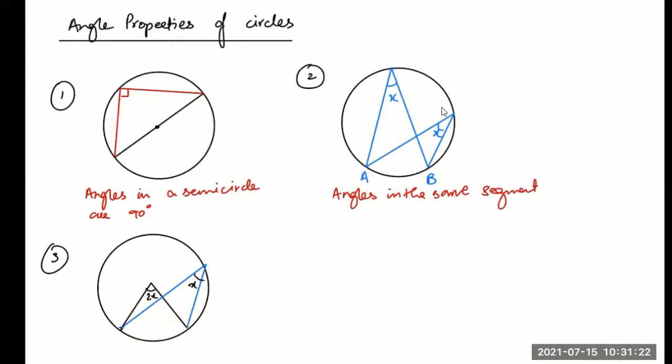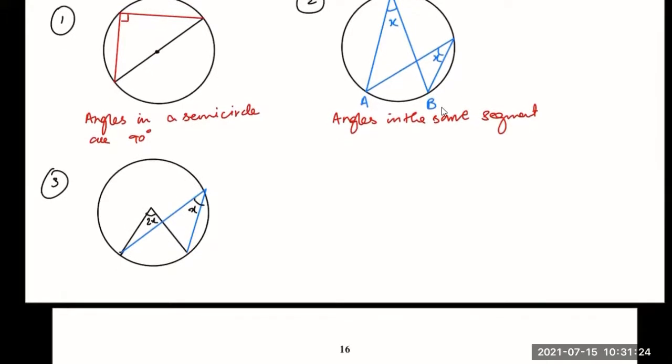The angle at the center is twice that of at the circumference. Okay, angle at the center is twice that of the circumference.